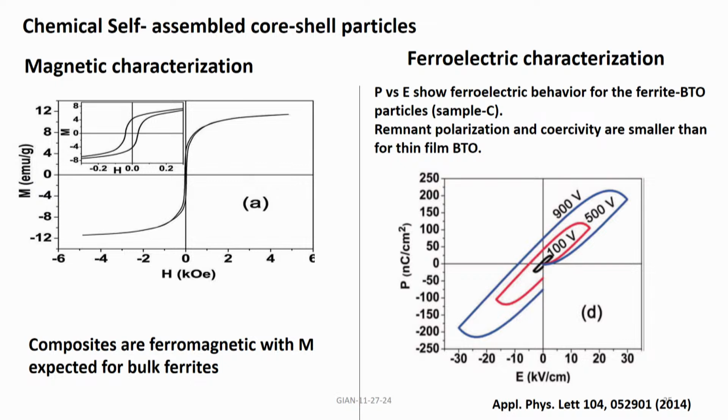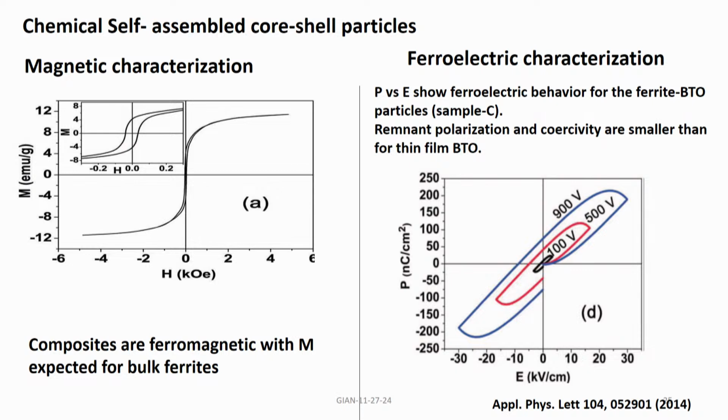All right, so now we characterized these coarser particles in terms of magnetic and ferroelectric properties, and you see the traditional M versus H expected for a ferromagnet. So the nickel ferrite is indeed ferromagnetic. That's what we used in these coarser particles.